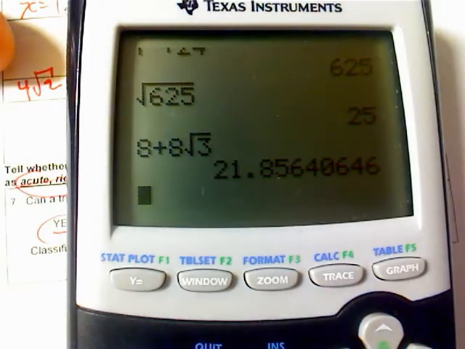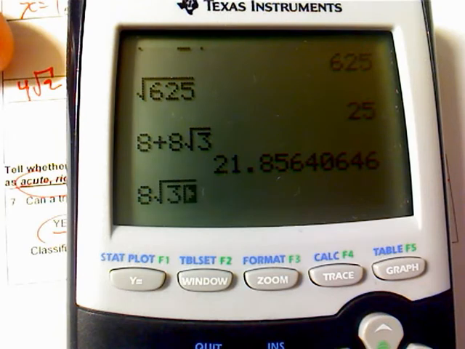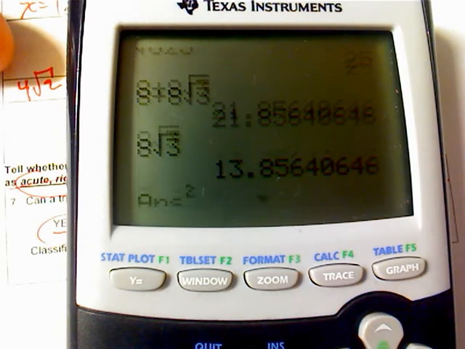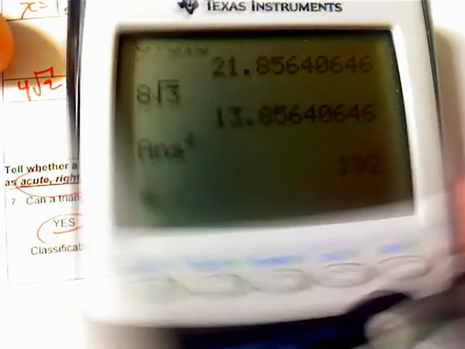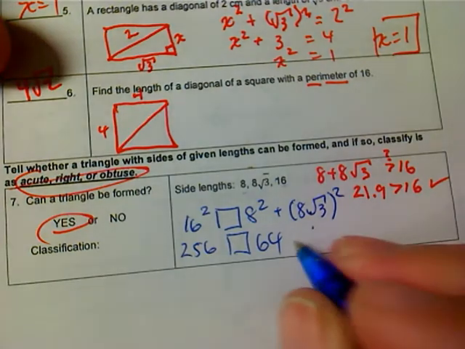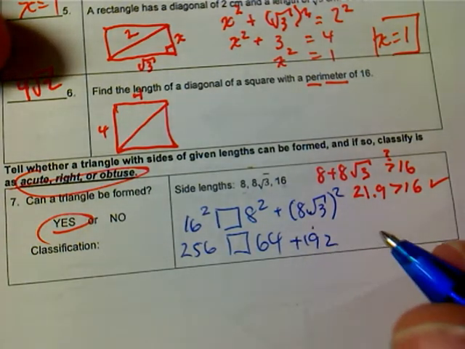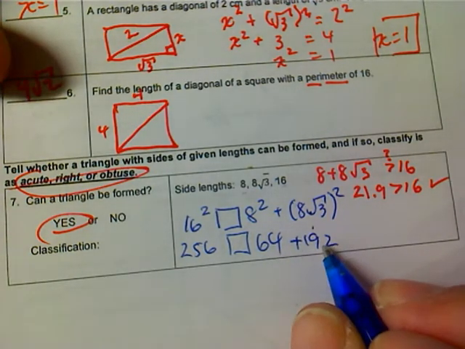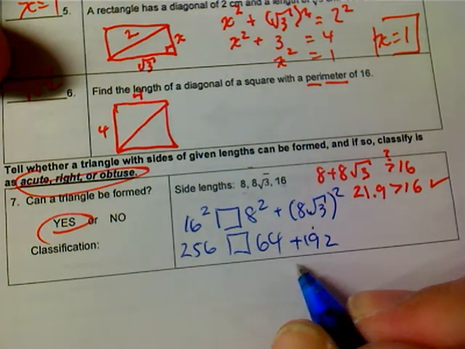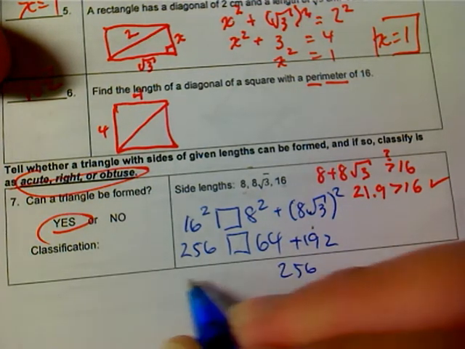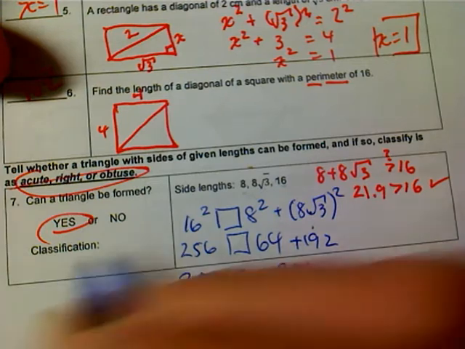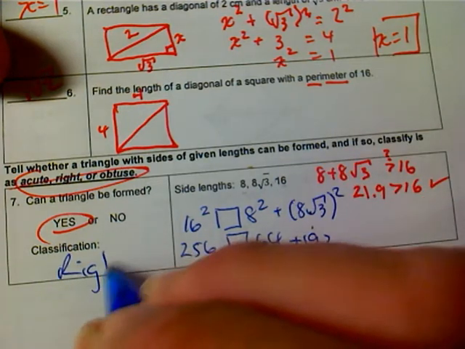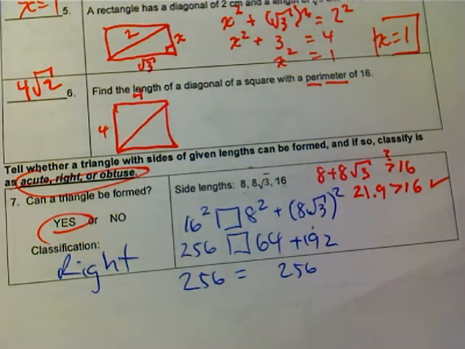Well, that's fine. Grab a calculator. 8 root 3 squared is 192. All right, so plus 192. What do we have there? 64 and 192? That's 256. Look at that. Equal, so it is a right triangle.